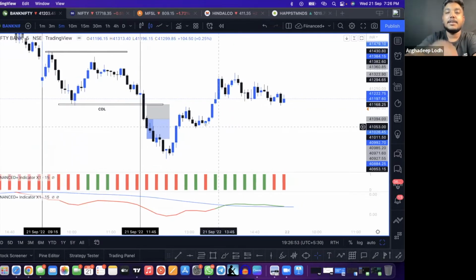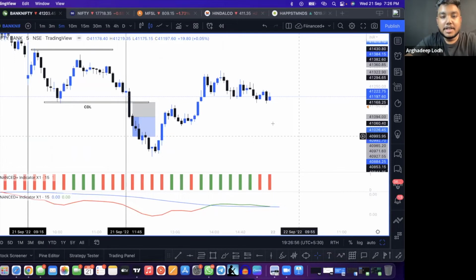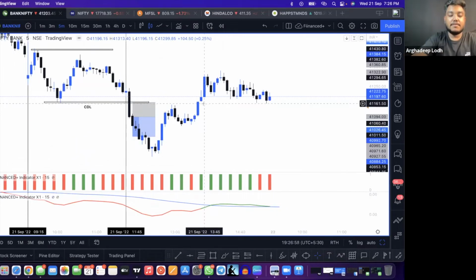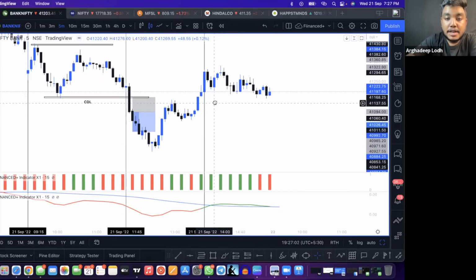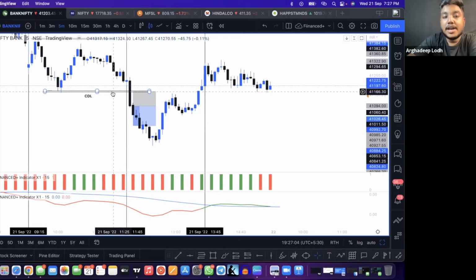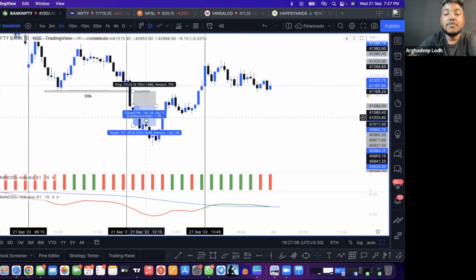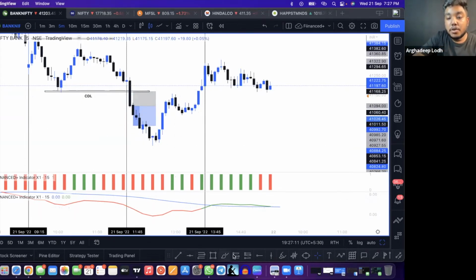But for example, say, Arghadeep, you are trading at, let's say, 1:45. So at 1:45, this is no longer the current day low, because the price has moved even lower. The price has come down even lower to this point.